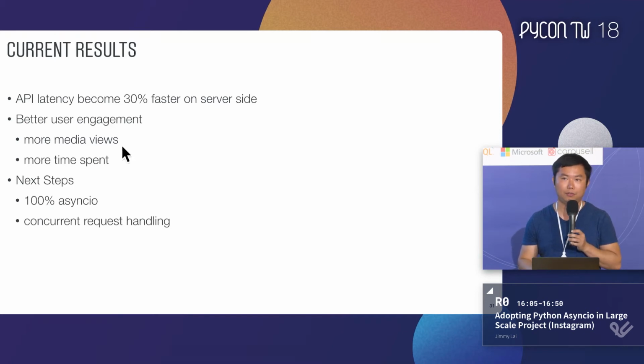And they also have longer time spent on our application. And our next step is to continue the work to move into 100% async. And in the meantime, we also build in the concurrent request handling to handle multiple concurrent HTTP requests in the same thread.